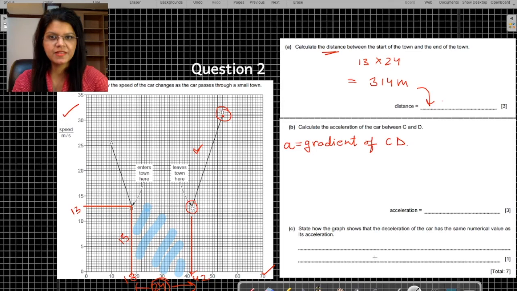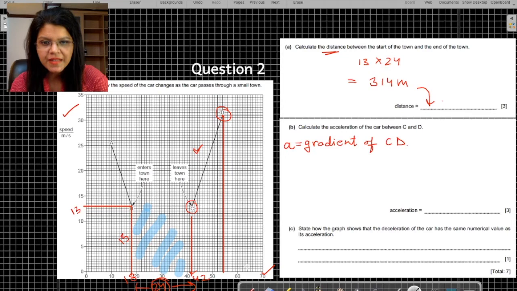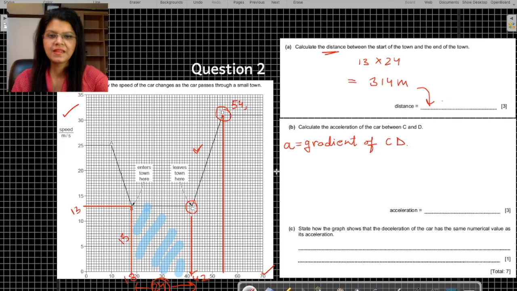Let us find the coordinates of D. D looks like it is 54 on the X, and how much on the Y? 31, right?